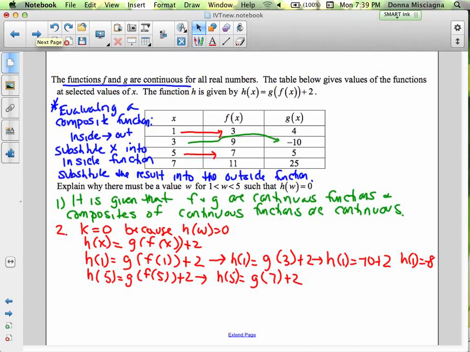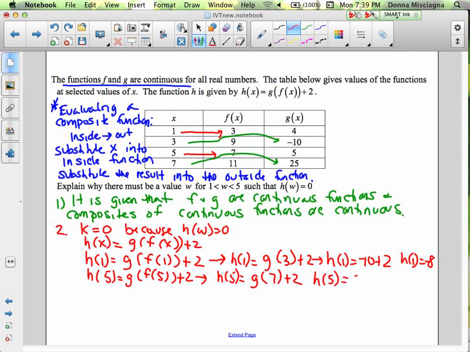Now we're going to plug 7 into g, and that's going to give us 25. So h of 5 is 25 plus 2.